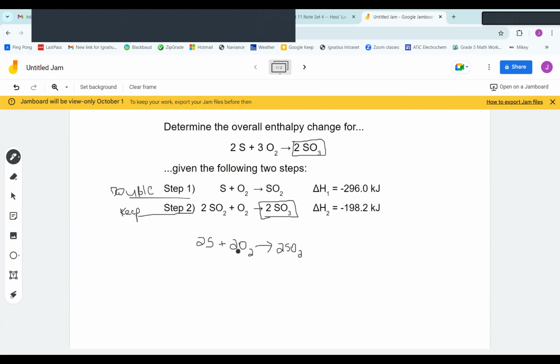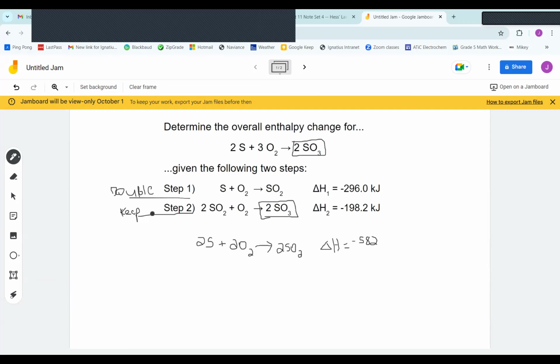Instead of 1 O2 molecule, I'm writing 2. Instead of 1 SO2, I'm writing 2. The delta H of that manipulated step 1 would be 2 times negative 296. So that's negative 582. So we have to double the value of delta H if you double the coefficients.